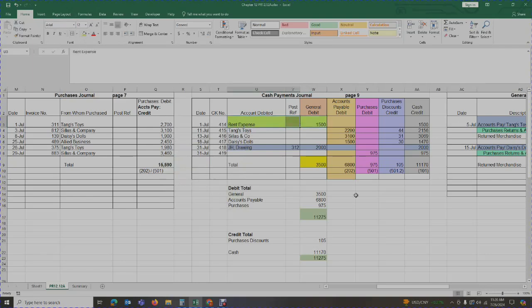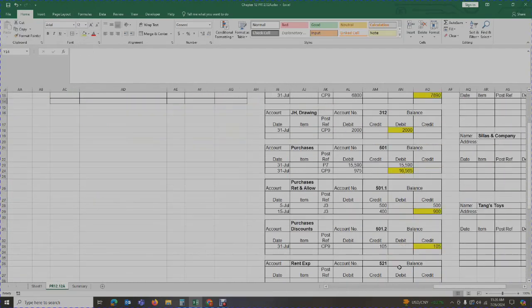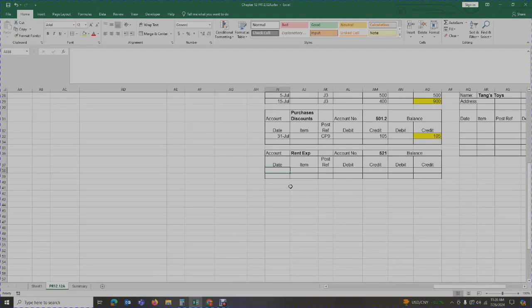Okay, so we're going to put that back into our general ledger. This is happening on July the 1st. Cash Payment Journal number 9. And we have a $1,500 debit to my rent expense. So my balance will be $1,500.